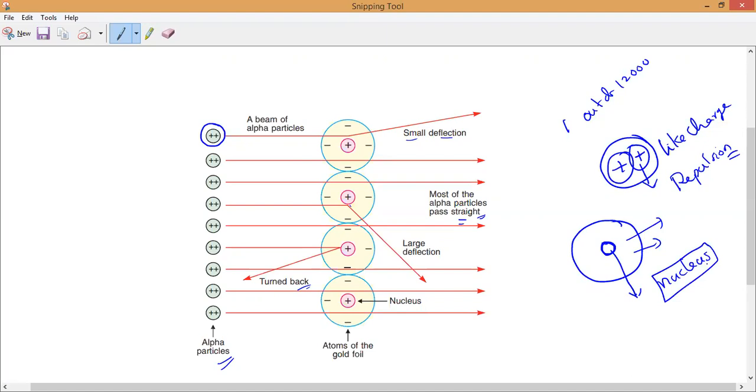He said the nucleus is extremely small, located deep inside the atom. So that is why it is called the nucleus. Because of that, it is showing deflections. As it contains the positive charge, it is showing the deflections.